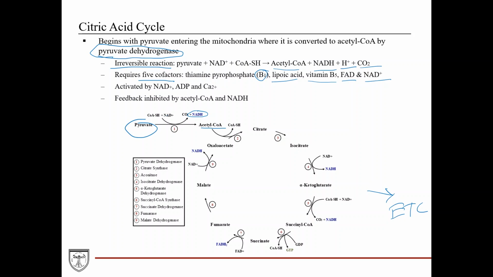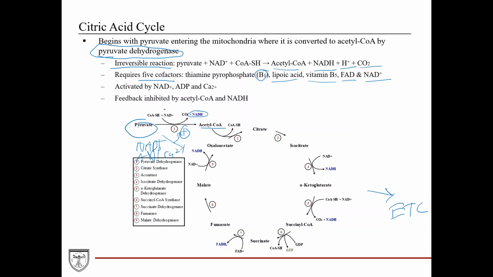Now, what's important in biochemistry is the regulation. Why do certain reactions proceed? Why do some not? What state is the cell or the body's physiology in that causes those reactions to go at a faster rate or to be inhibited? So, for example, you have NAD+, ADP, and then calcium. All 3 of these activate pyruvate dehydrogenase.